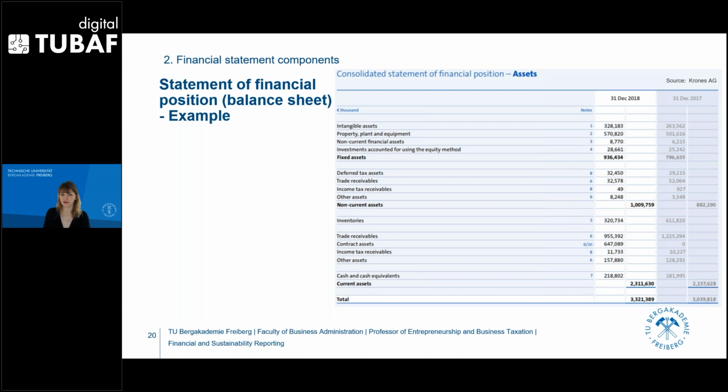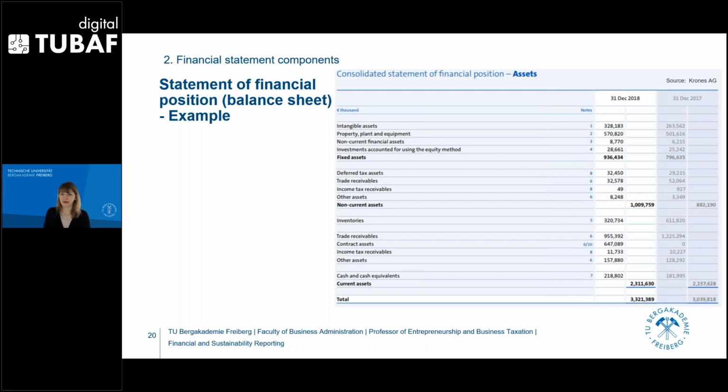It could start with the current assets, and the non-current assets could follow at the end of the list of assets. Here in this example, you can see the intangible assets, property, plant, and equipment, non-current financial assets, and so on, until inventories, trade receivables, contract assets, until cash and cash equivalents.